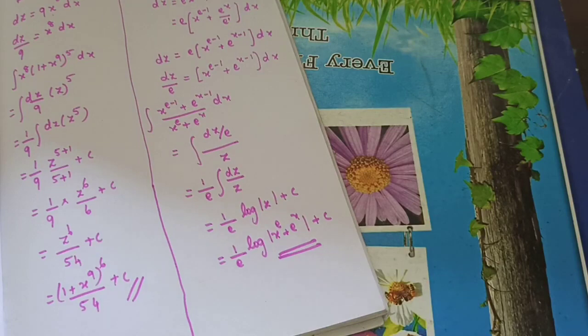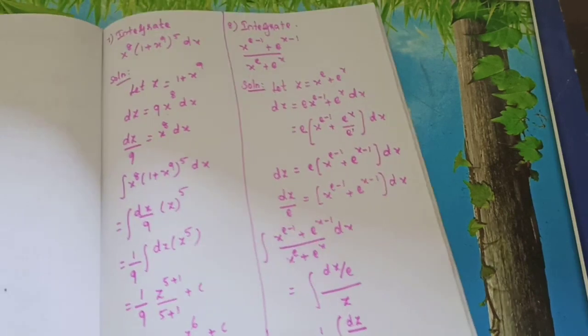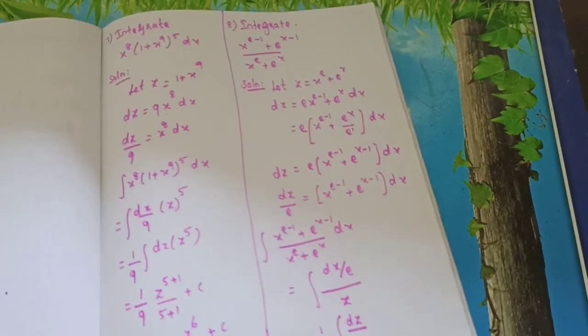Have you got it? This problem is somewhat different. The only thing is, you take z, then take dz. After finding dz, you check by using that. Here we need x power e minus 1, one value is there, and we need e power x minus 1. Because of that, we are taking e outside. Taking e outside means we are dividing by e.